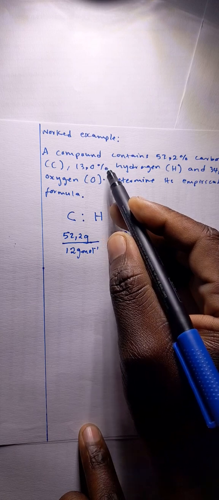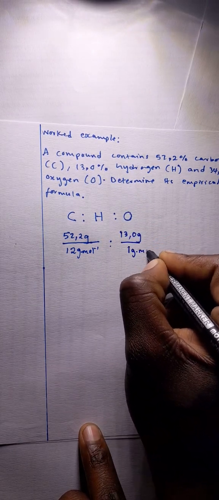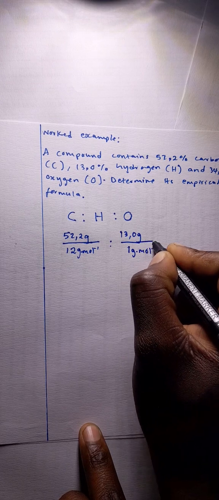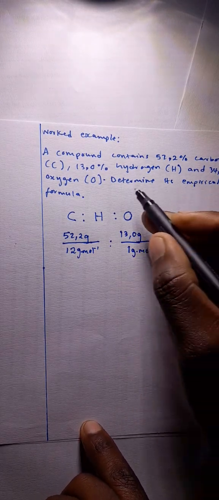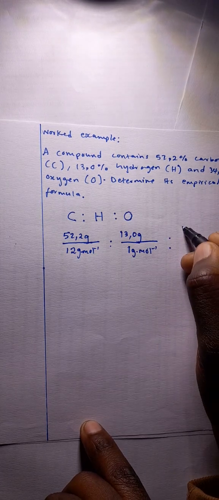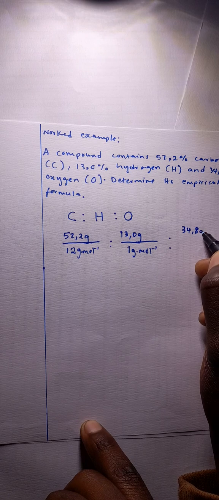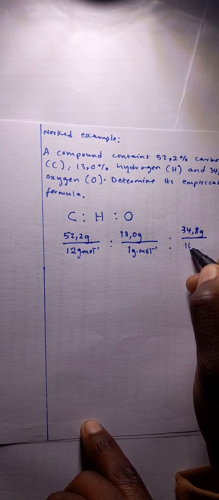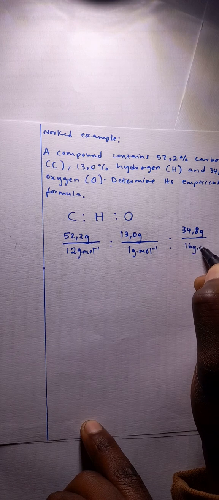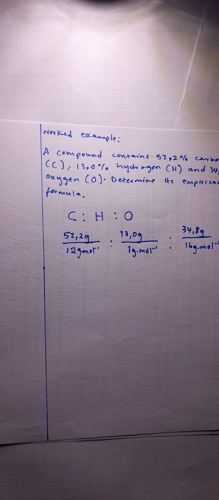You change the percentage to grams, divide by 1 gram per mole. Let's go to oxygen. Oxygen, you have 34.8%. You change it to grams, you divide by 16 grams per mole. Then you are going to use your calculator.